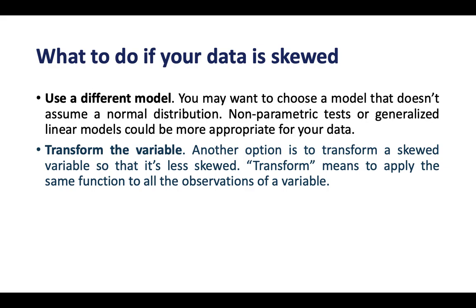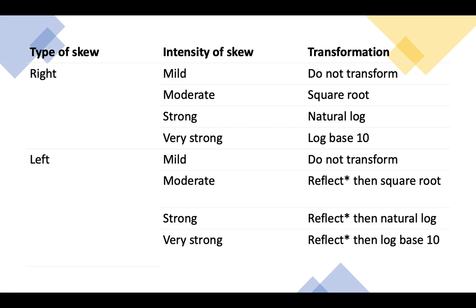So basically, if your data is zero skewed, you don't have to do anything. It is good for any type of analysis. But if your data is either right skewed or left skewed, then you have these four options.